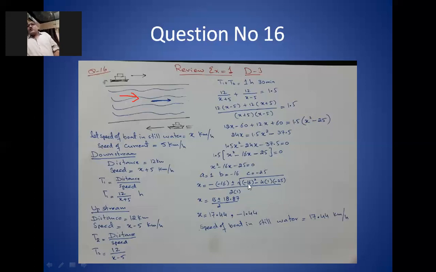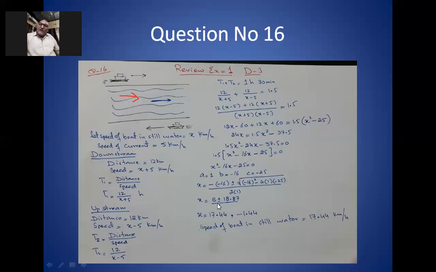So in your calculator, just enter these values. You will write minus 16, bracket minus 16 bracket close raised to power 2 minus 4 bracket start 1 bracket close bracket start minus 25 bracket close equals to, under root, answer equals to. So you will get 16 plus minus, this is the answer you get, 18.87, the whole thing divided by 2.